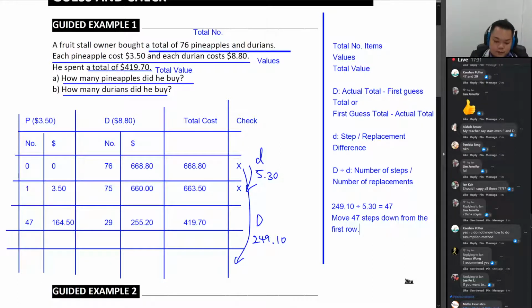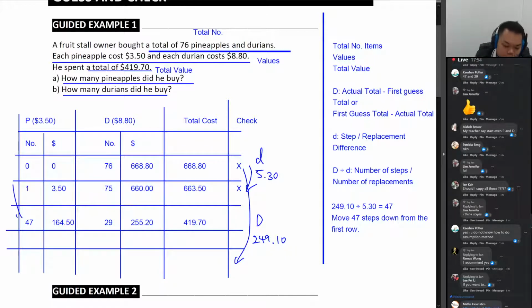So when you move down 47 steps from the first row, let's observe what happens first. For the pineapples, every time you move down 1 step, what happens? The number of pineapples increases by 1. Then the number of durians decreases by 1.